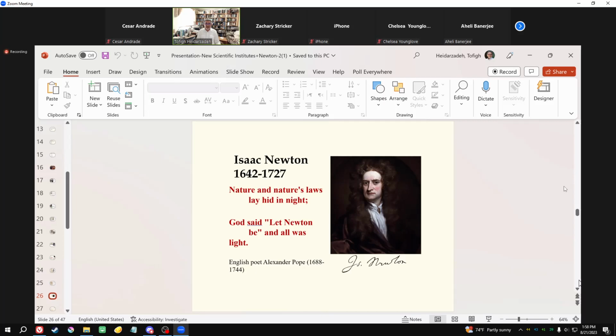This slide and next slide are just references about the life of Newton. I usually don't ask questions about these kinds of things, but to have a general idea about this person who is so important in the history of human beings: he was born premature.